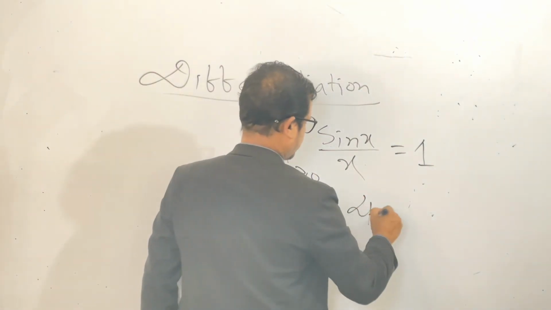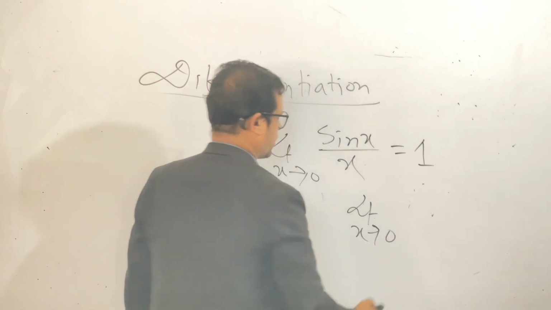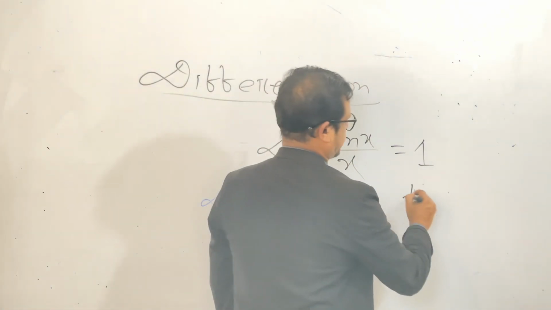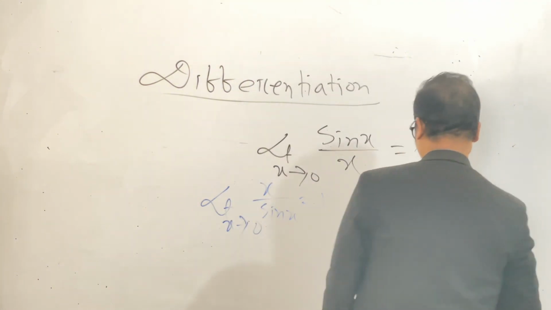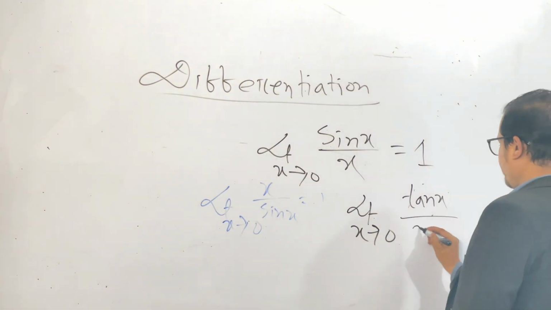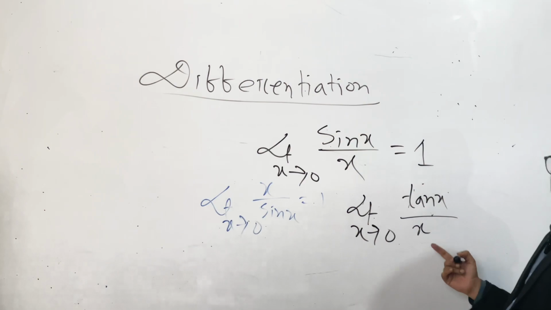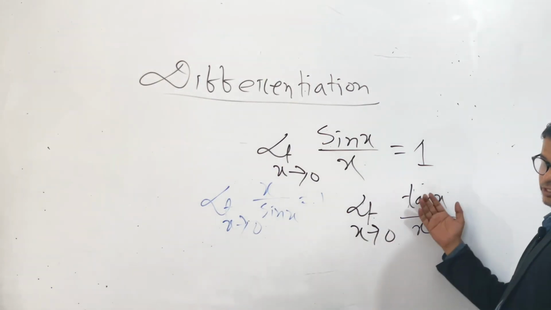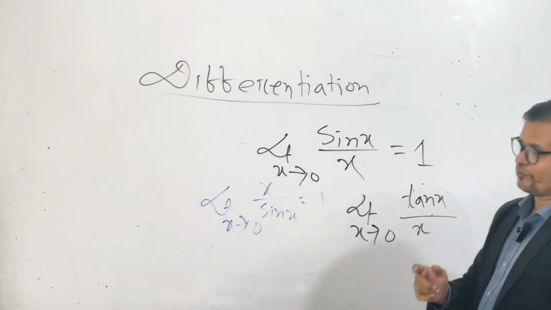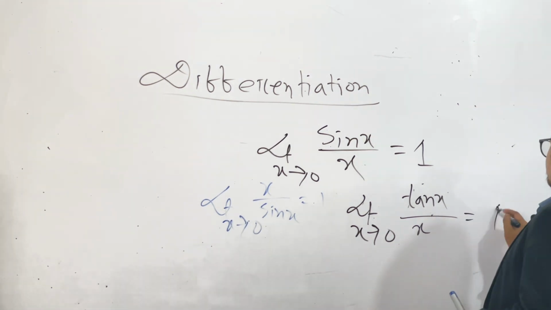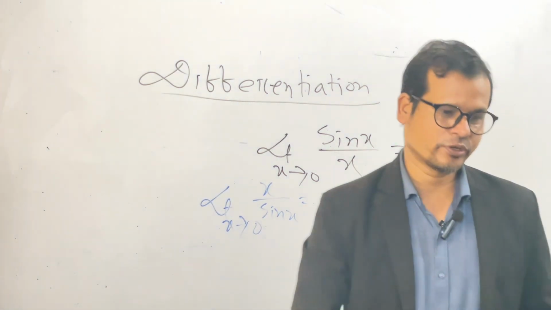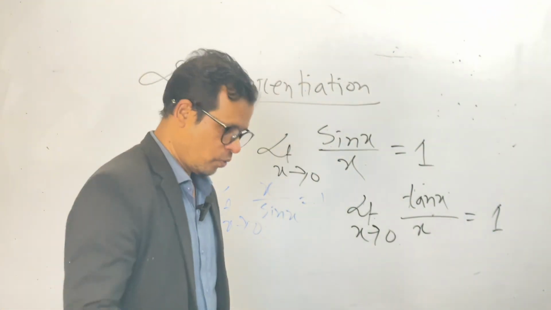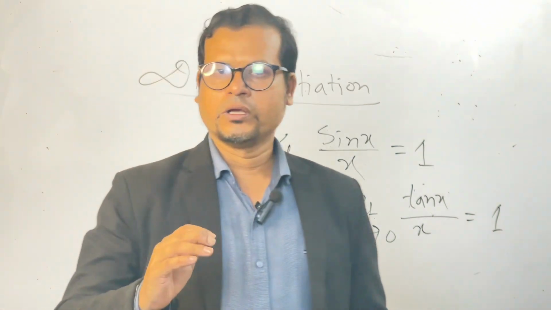Limit x tends to 0, x over sin x equals 1. This formula and that formula are the same. Another formula, which is the same: limit x tends to 0, tan x over x. What is the value? Same, 1. Try to remember these formulas. They will be applicable when we solve any type of problem.